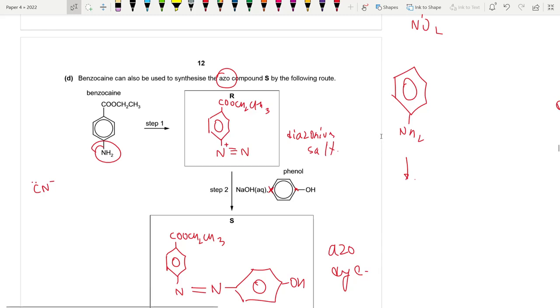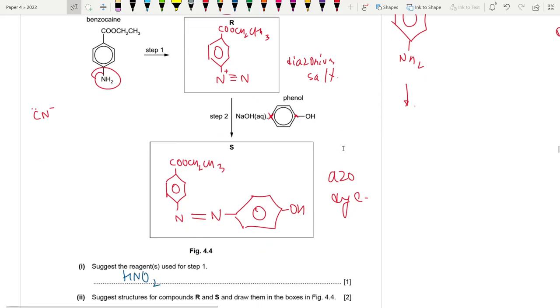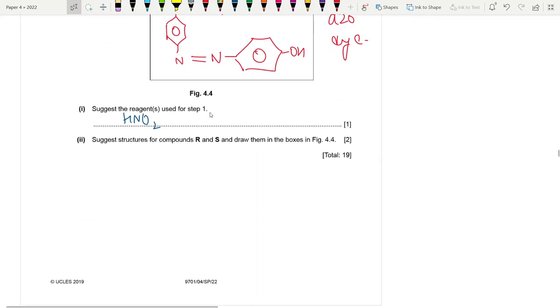So for azo dye, remember you need the diazonium salt. The only way to get that is from phenylamine. You basically need to react HNO2, right? Or the alternate option was you could react NaNO2, sodium nitrite, and HCl to form HNO2, and they don't want the conditions, but it's basically less than 10 degrees Celsius.